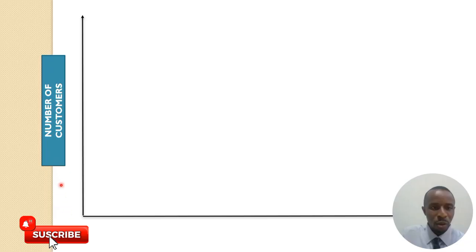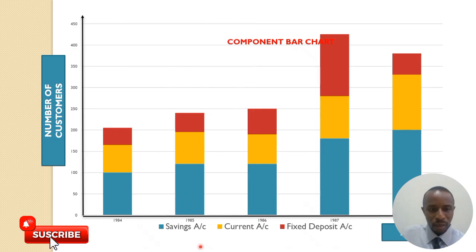We have the number of customers here on y-axis, and we have the types of bank accounts: savings, current, and fixed deposit. You can see the blue part is for savings account, the yellow part is for current account, while the color with wine is for fixed deposit account. And you can see each year.